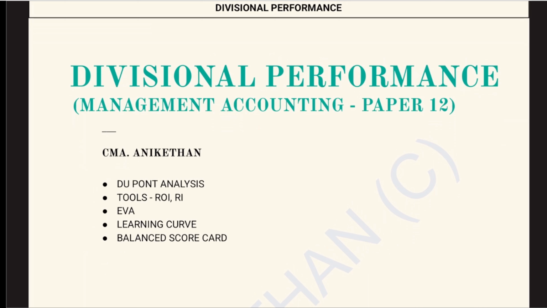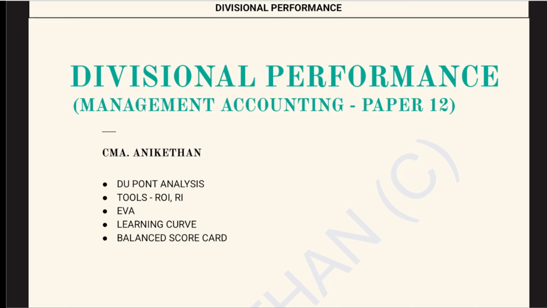It has broadly 5 topics. One is Dupont analysis. Here you will assess what is the return of equity of the company. So we will go detail what is these returns. Then you have certain tools or certain formulas like ROI, return on investment, RI, ROE, ROCE.